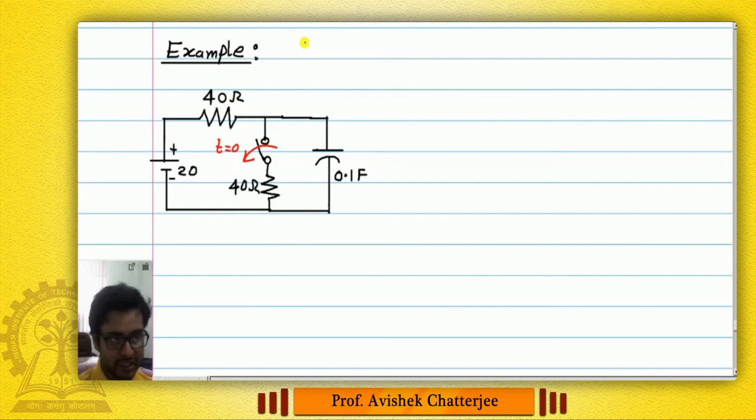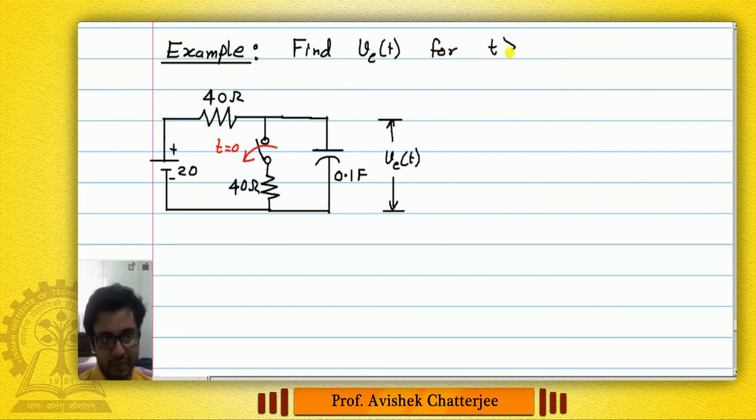So the question is to find this capacitor voltage, call it Vc(t), to find Vc(t) for time greater than or equal to 0.